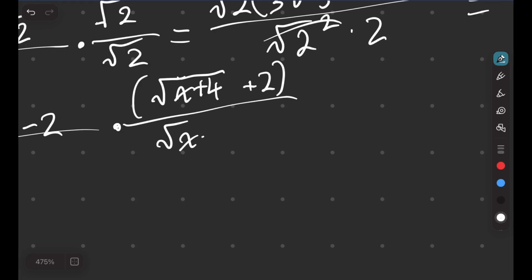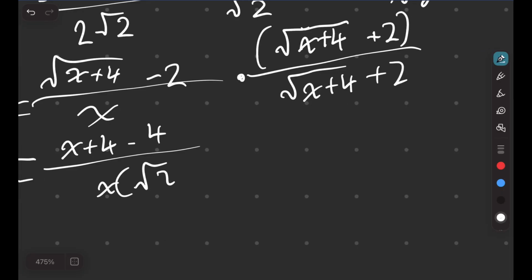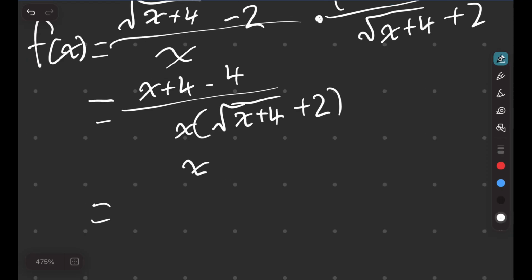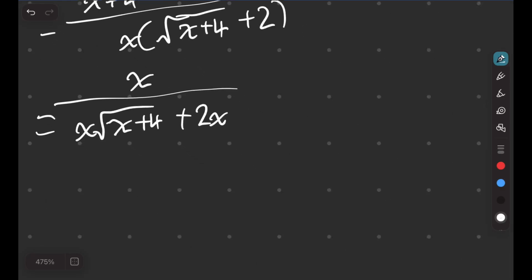I'm going to do that, root x plus 4 plus 2. All right, and then this would become x plus 4 minus 4 over x times root x plus 4 plus 2. Right, and then that would become x plus 4 minus 4, which is just x, over x times root x plus 4 plus 2.